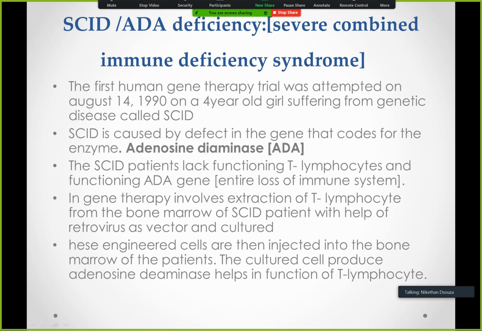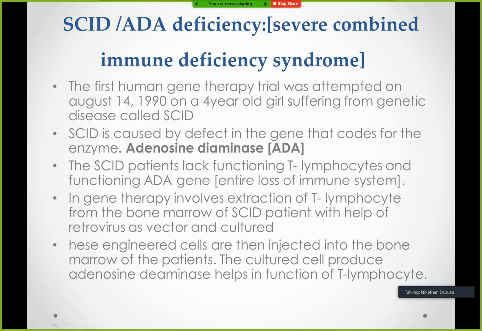The example of gene therapy is adenosine deaminase deficiency, or severe combined immunodeficiency syndrome. The first gene therapy was done on a 4-year-old girl named Ashanti in 1990.